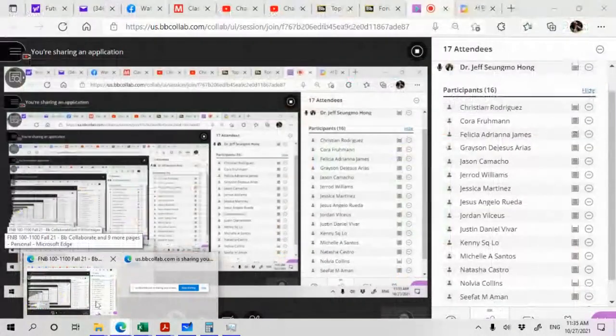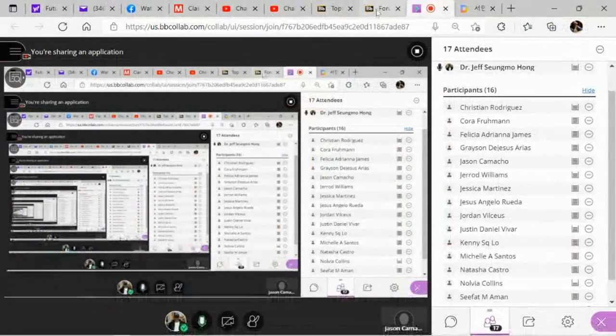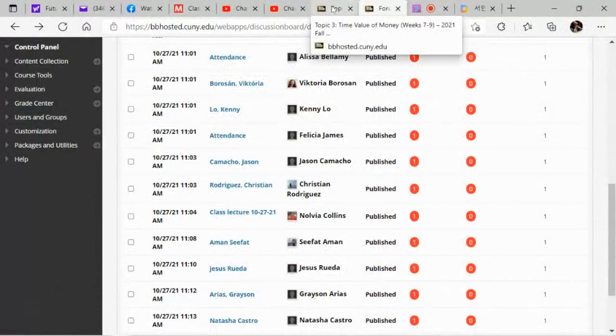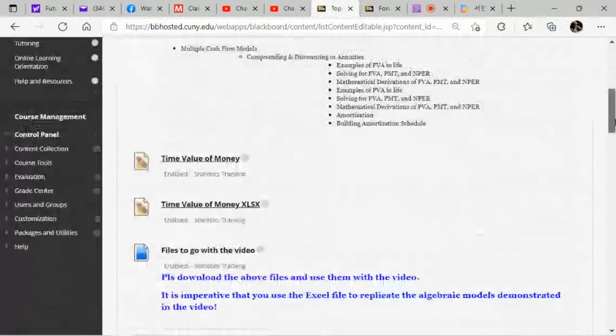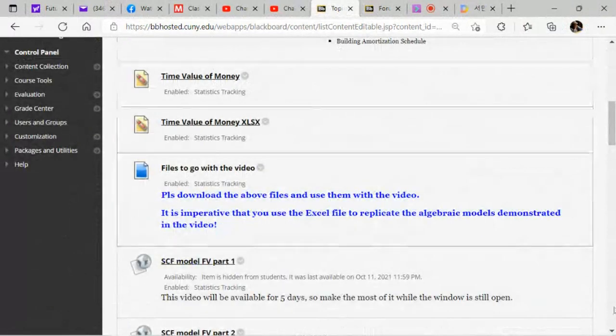It's just a matter of looking, but a lot of students don't bother to do that, and that's clearly a problem. And in every topic folder, I clearly state, please download the files above, and use them with the videos.